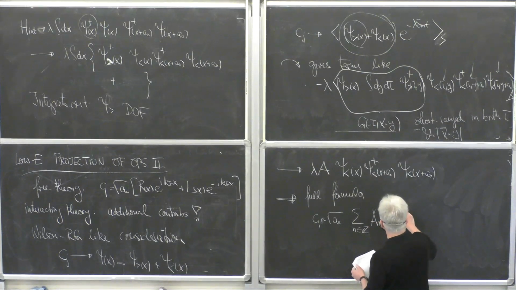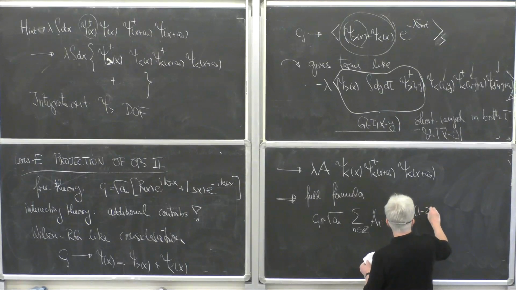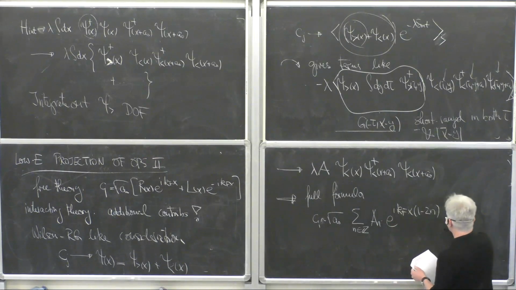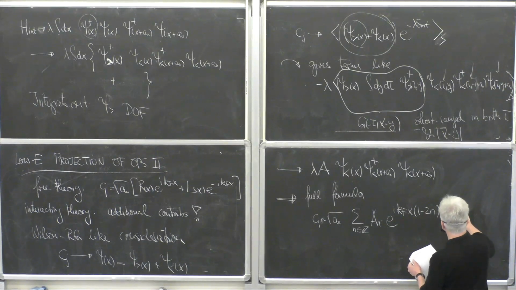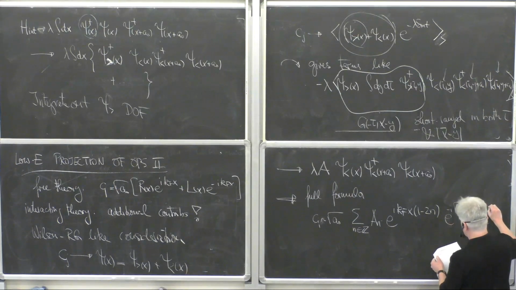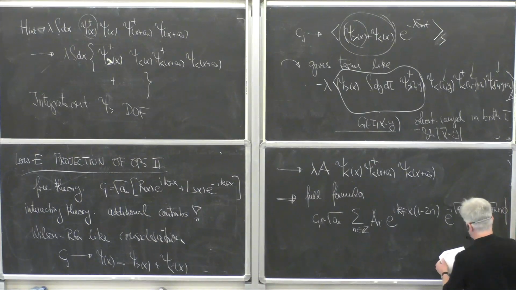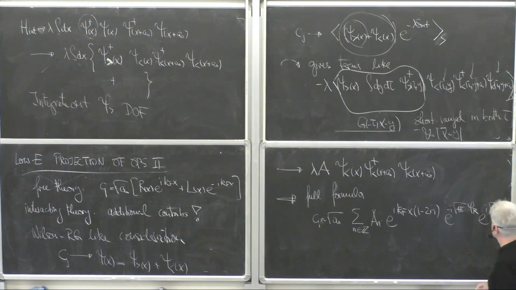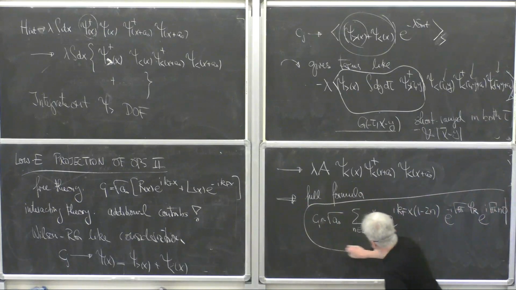I can write it like so: e to the i kF x (1 minus 2n), and then e to the minus i square root of 4 pi phi right, and then e to the i square root of 4 pi n phi. So that is the full formula.